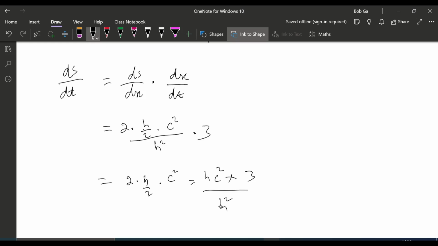So finally, we can still cancel one h here, and h squared goes to h, because one h is left. The final answer is 3c squared over h. 3c squared over h.